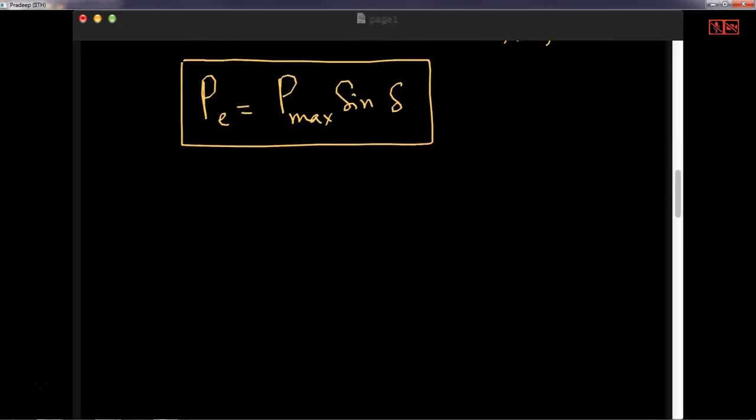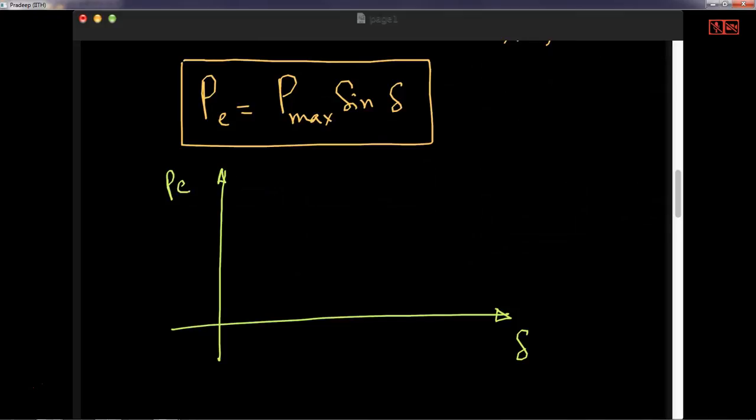Now if I draw it in the form of a graph, this is my axis. On the x-axis I'll mark delta, on the y-axis I'll mark the electrical power. Then I'll get a line like this, because it is a sine curve. So this is the electrical power generated.